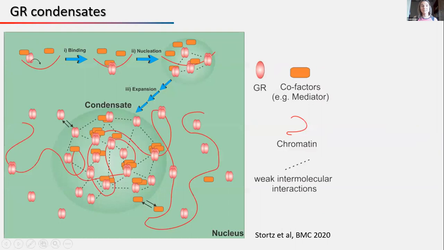After this initial interaction, many other co-regulators and molecules relevant to transcription are recruited to this initial seed, and this keeps growing on and on, forming a kind of condensate that has properties compatible with those expected for liquid condensates.